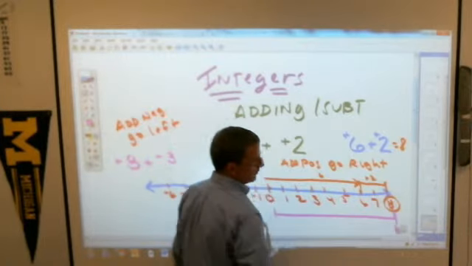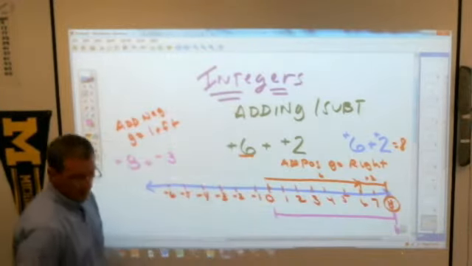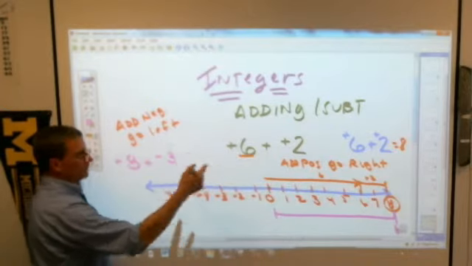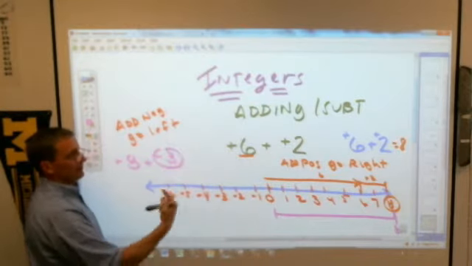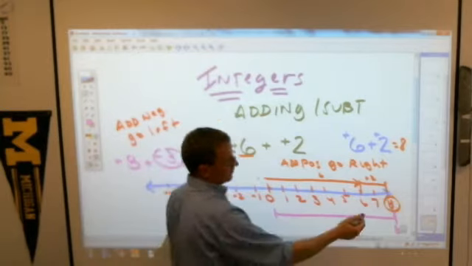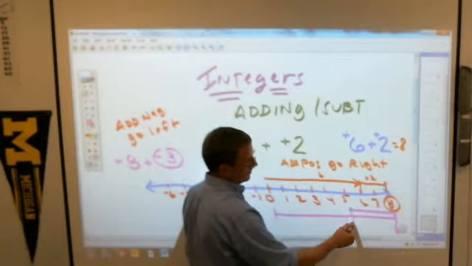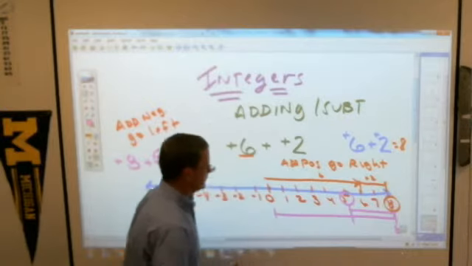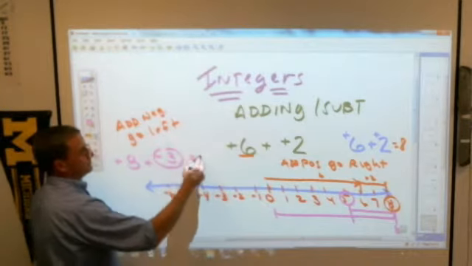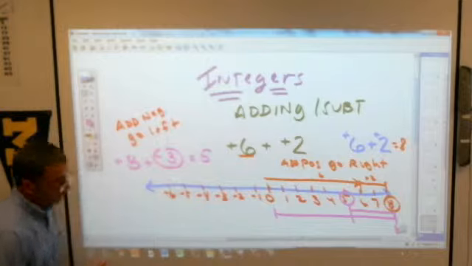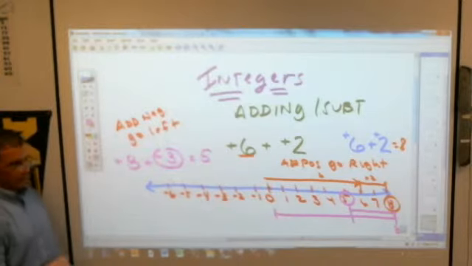There's my 8. But when I add a negative 3, instead of going to the right, I come back. Negative numbers come back. So I come back 3 places. 1, 2, 3. And my answer ends up being 5. Now we don't always want to use number lines, but it's a good way to think about it.